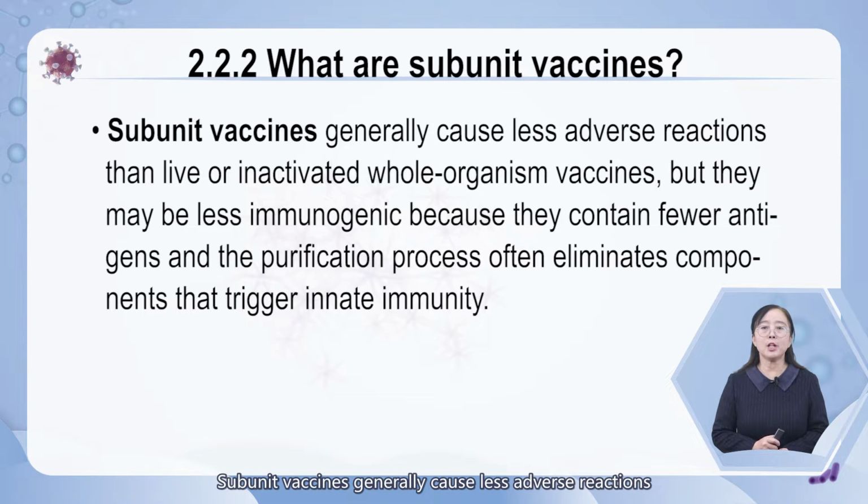Subunit vaccines generally cause fewer adverse reactions than live or inactivated whole-organism vaccines, but they may be less immunogenic because they contain fewer antigens and the purification process often eliminates components that trigger innate immunity.